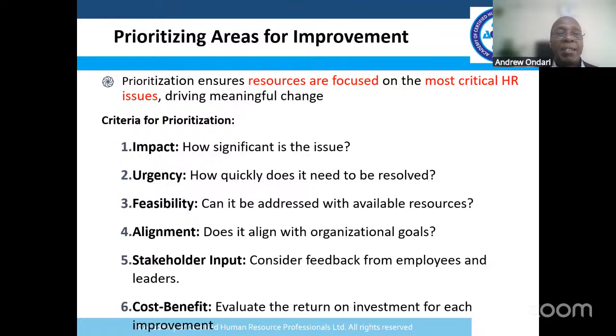The other reason for prioritization is practicality. That is feasibility. How practicable is it to implement the recommendation from the HR audit?